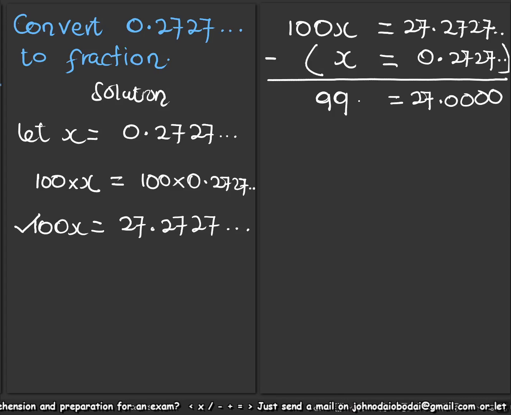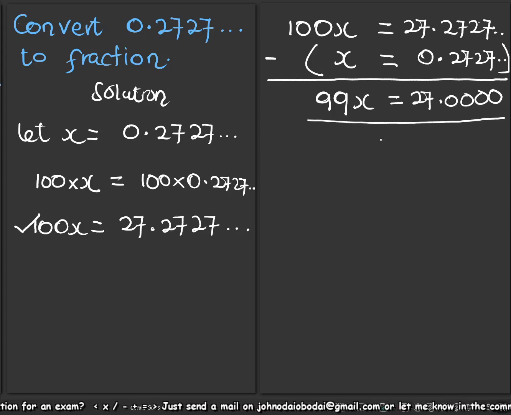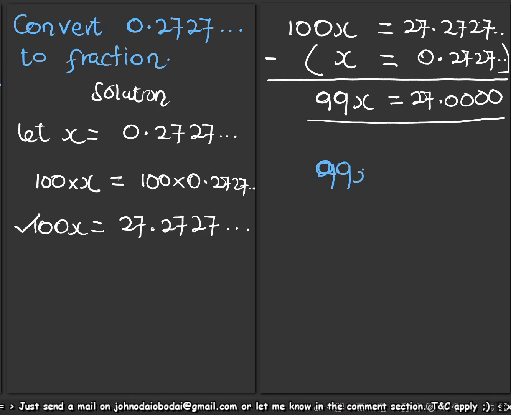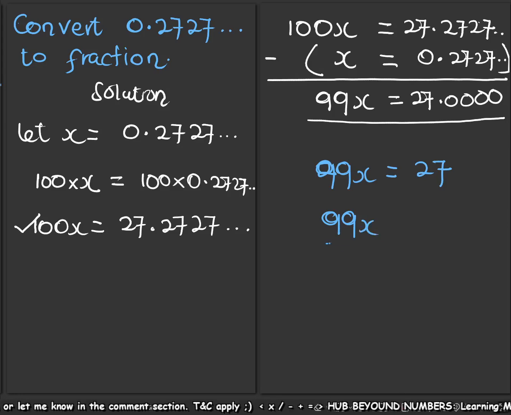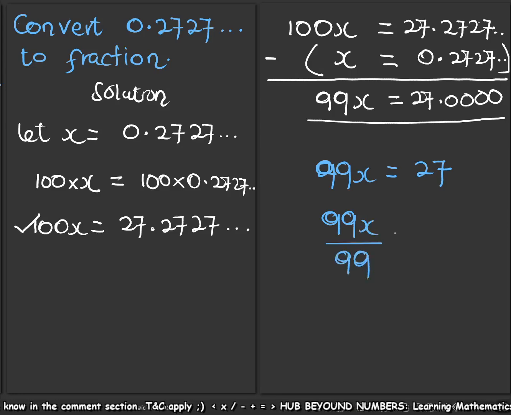You see, x. Then now this is our new equation. So in that case, we have 99x being equal to 27. So if you want to make x the subject, what we are going to do is divide both sides by 99.